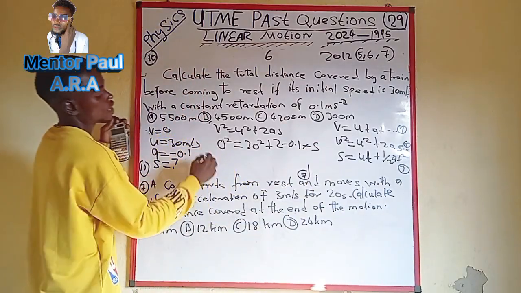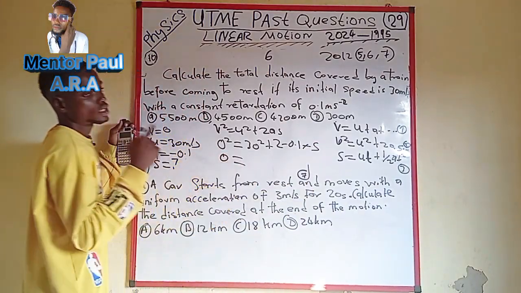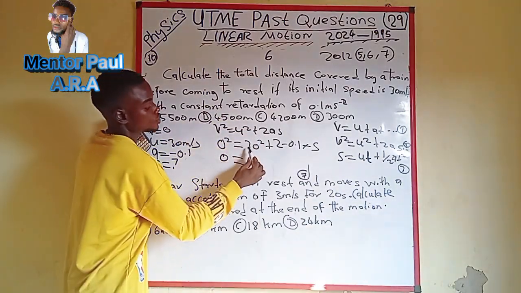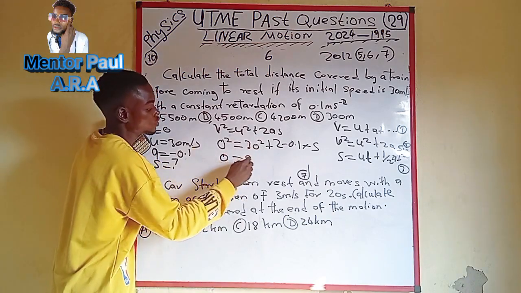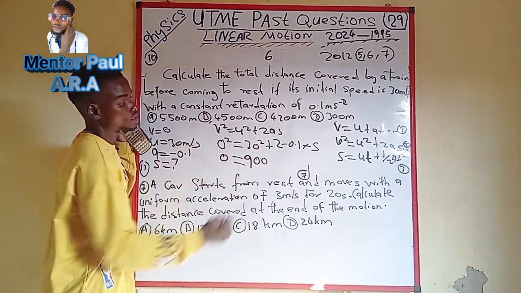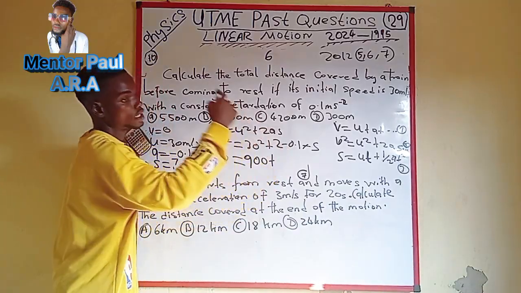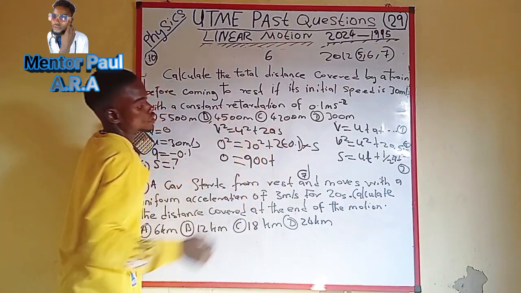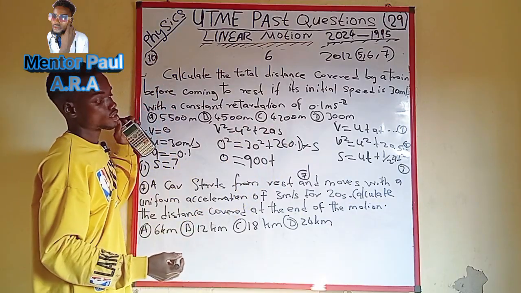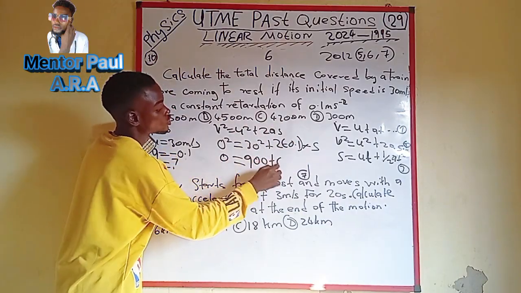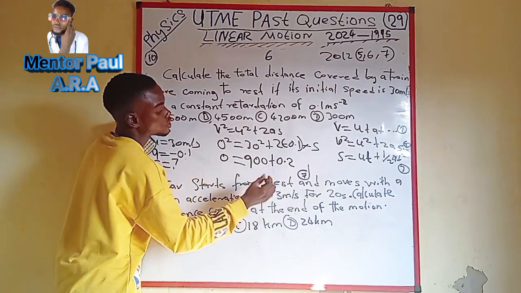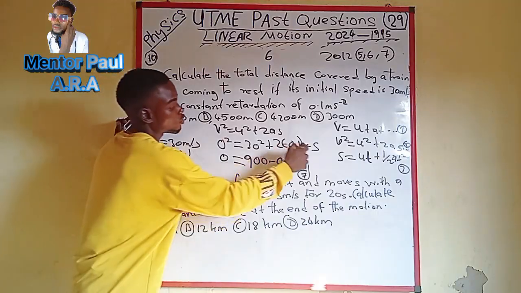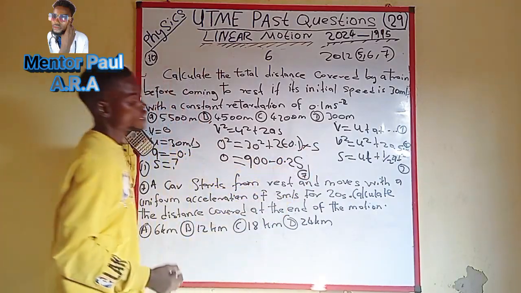Now, 0 squared is going to give you 0 equals 30 raised to power 2. 3 times 3 is 9, and with two zeros, that is 900, plus 2 multiplied by negative 0.1, in bracket, multiplied by s. 2 multiplied by 0 is 0, 2 multiplied by 1 is 2, so I'm going to have negative 0.2 multiplied by s, negative 0.2s.